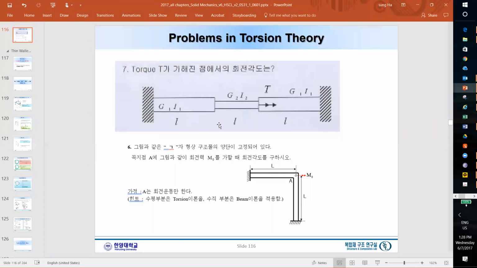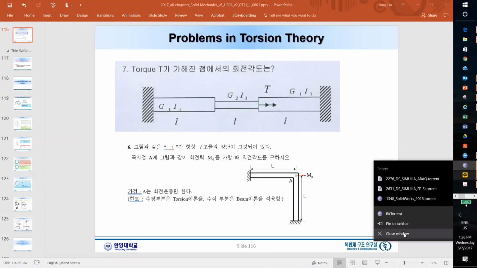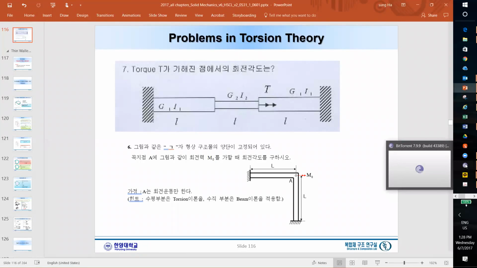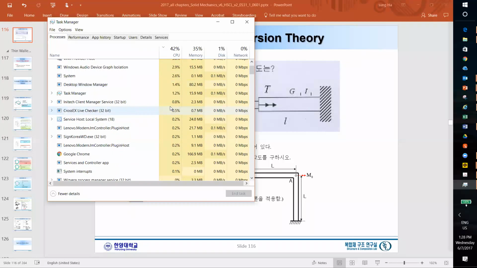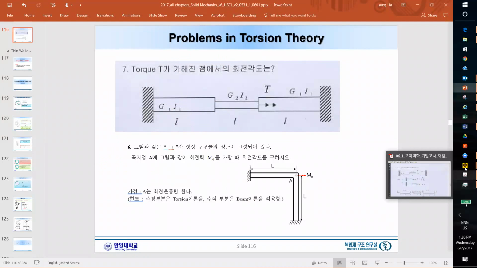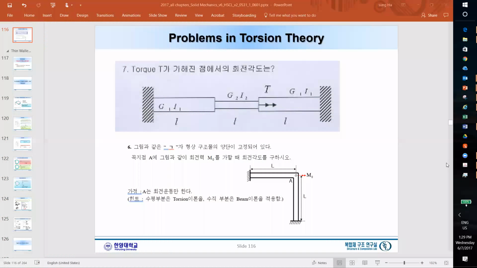Okay, so this is some of the problems I took from the previous exams.